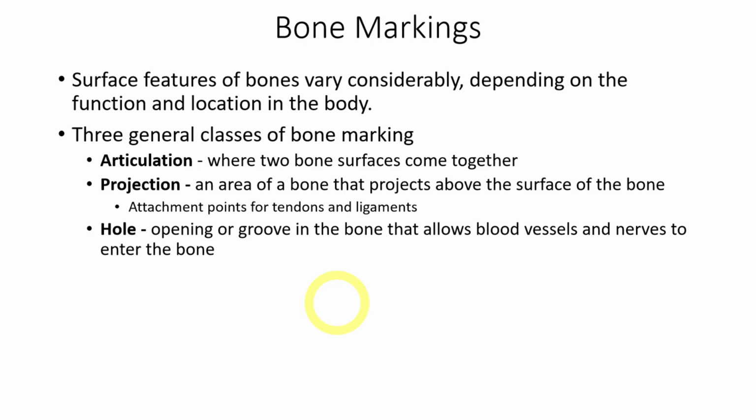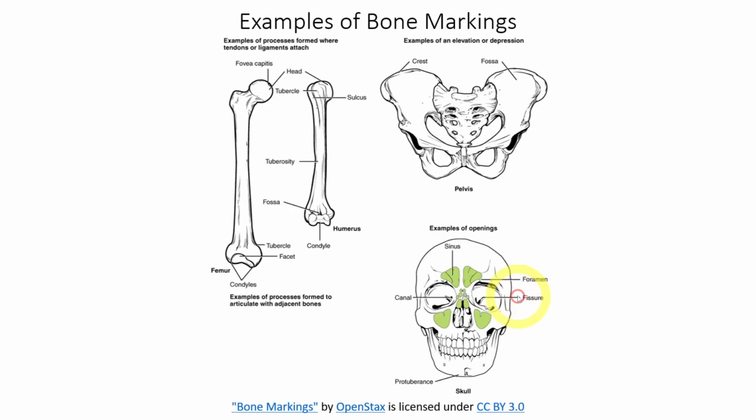Projections, any area that projects above the flat surface of a bone. And holes, any area that goes deeper into the flat surface of a bone. It could go all the way through, or it could just dip in there. Projections are usually the attachment points of tendons and ligaments. Holes are usually where vessels and nerves pass all the way through, or some of the way through.